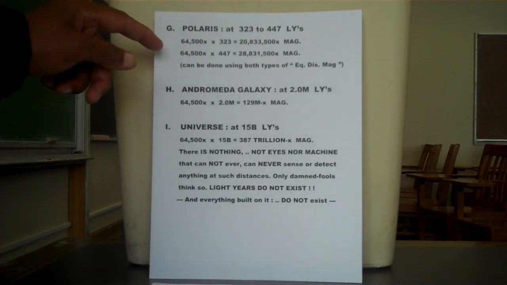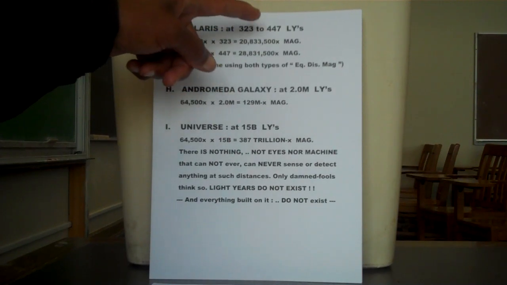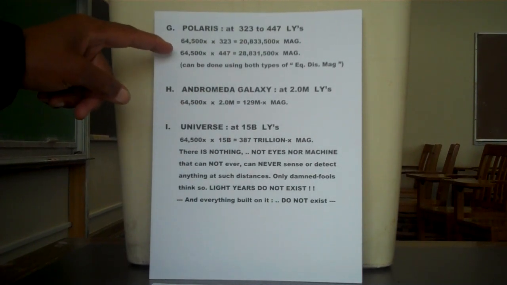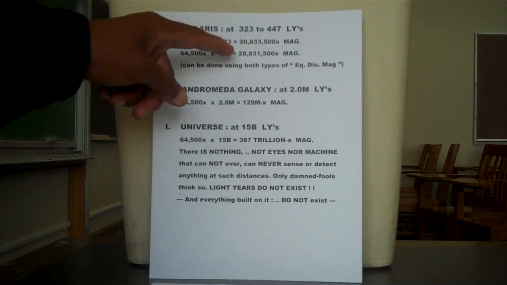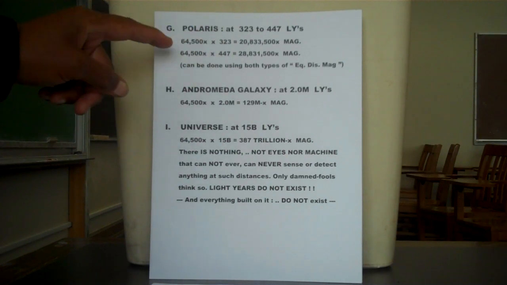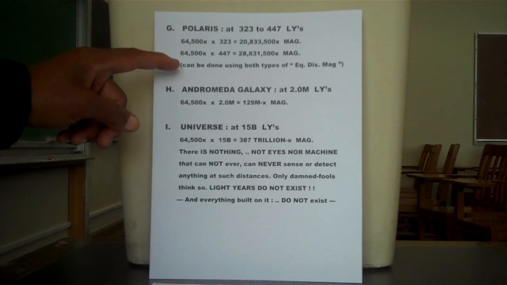That's what you are told by the heliocentric religion. And for the 447 light years, this is such that 64,500x times 447 equals 28,831,500x magnification needed. Polaris can be done using both types of equal distance magnification.